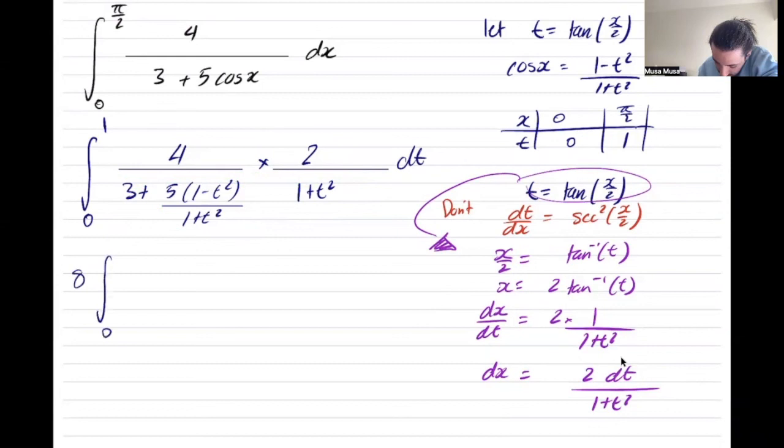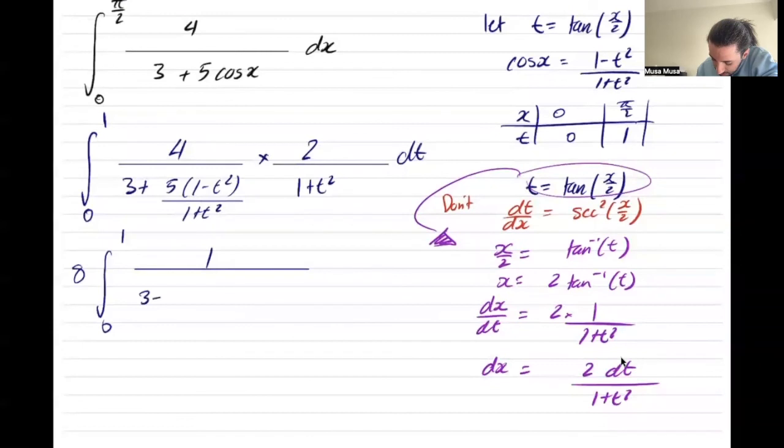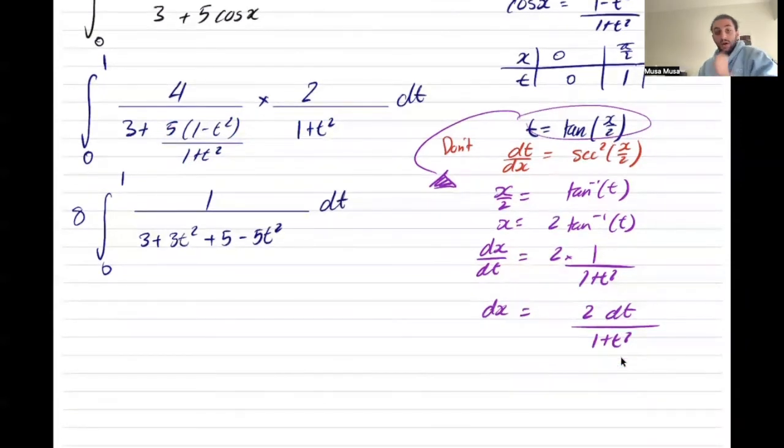It's going to be 8 integral from 0 to 1 of 1 over, now when you multiply this by this, you're just going to get 3 plus 3t squared. When you multiply this by this, that cancels off, and you just get the 5 minus 5t squared by expanding that out. And that's dt.